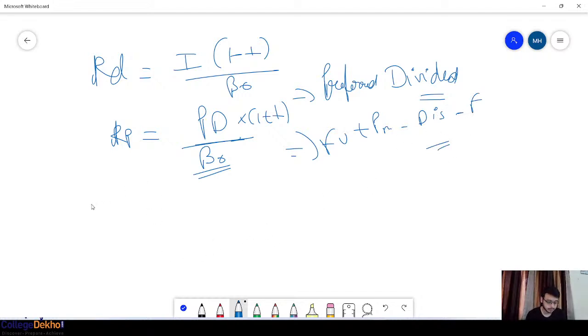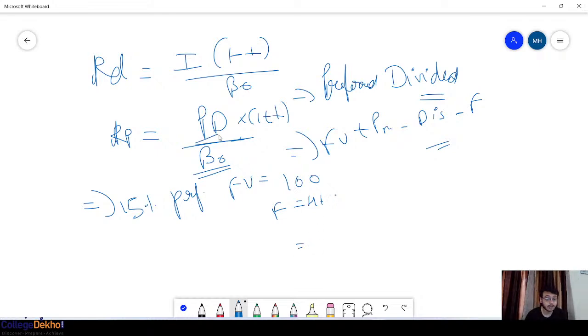Now let's talk about a question. It says 15% preference shares have been issued having a face value of 100 rupees. Flotation cost is 4%. Calculate the cost of the irredeemable preference shares.